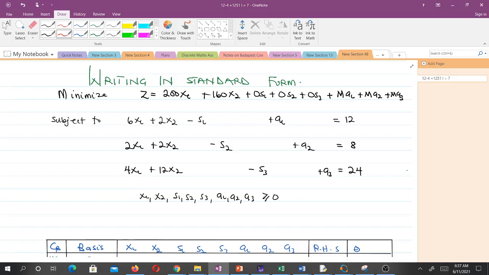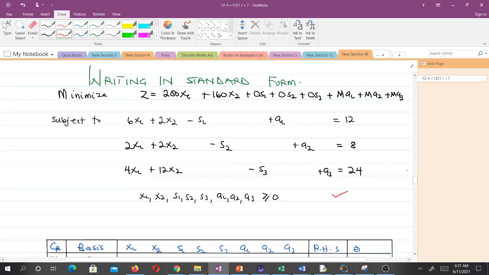We are going to minimize z equals 200x1 plus 160x2 plus 0s1 plus 0s2 plus 0s3. Then because it's minimization, the coefficients of the artificial variables are going to be M. So plus Me1 plus Me2 plus Me3. Okay, and this is going to be the form of the constraints.